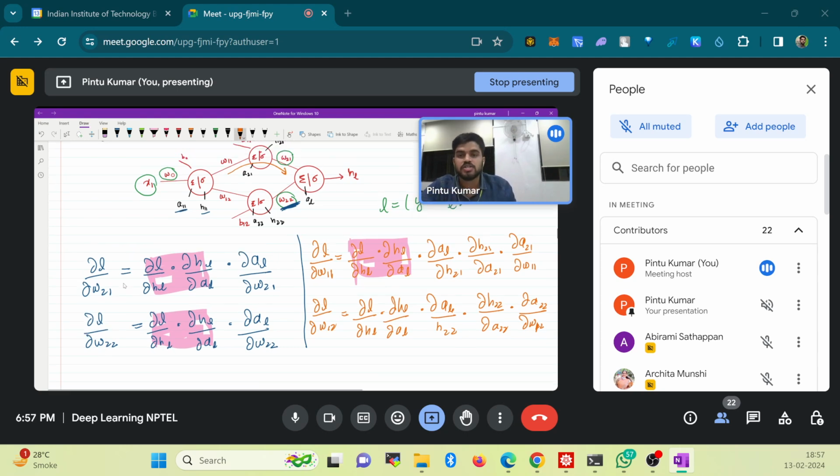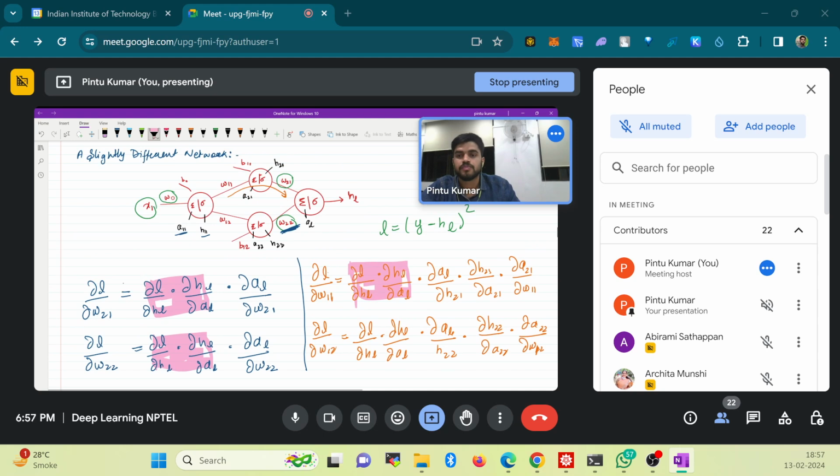So we have reached this point, and we have calculated the gradients up to here. This is very similar to what we have done in the chain. Now we have two chains that we have obtained, and the main task is to combine these two chains.